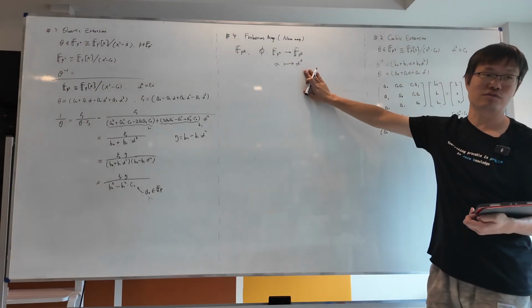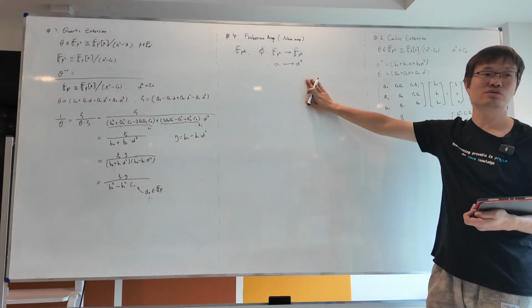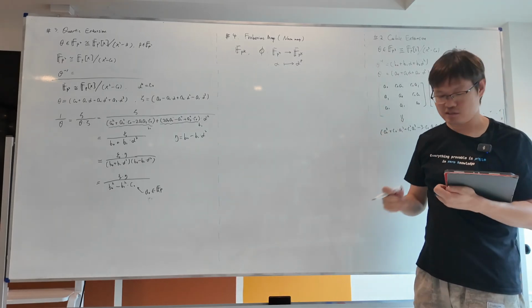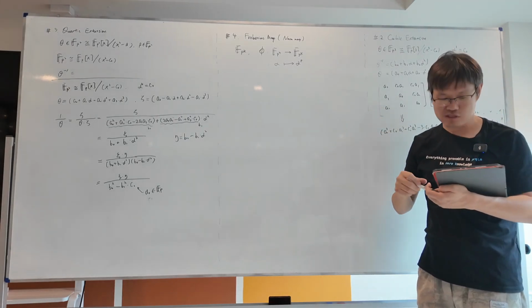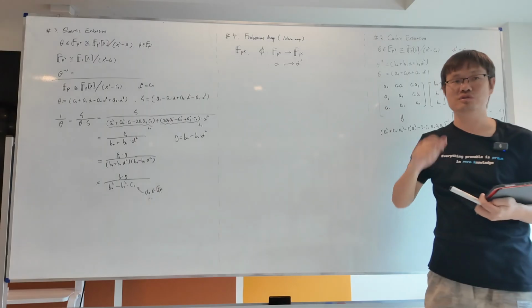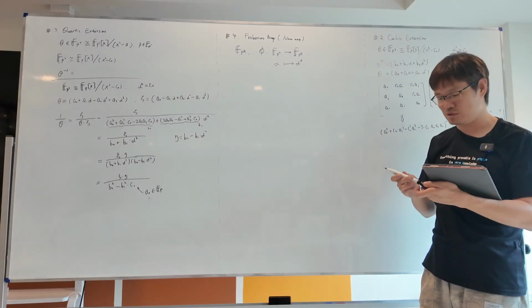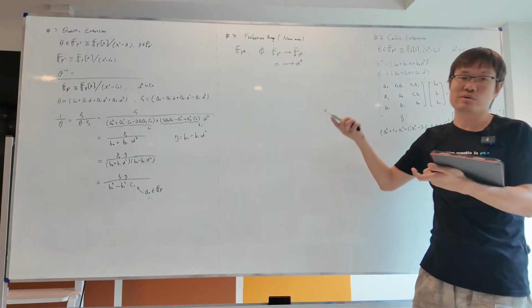This is called a Frobenius map. By using the Frobenius map, we can find all the conjugacy classes of the roots of some Euler's polynomial. But it's not a topic of today.